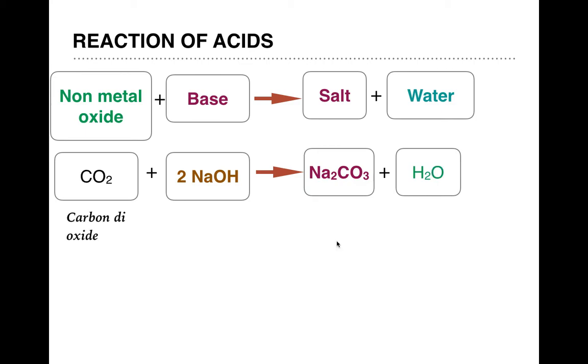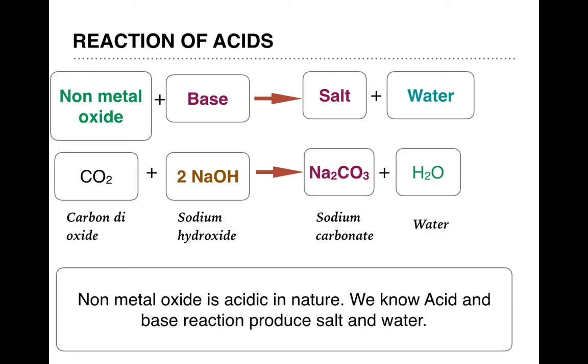So here you can see non-metal oxide is acidic in nature. We know acid and base reaction produce salt and water. So this is kind of acid plus base reaction because CO2 is non-metal oxide and non-metal oxide is basically acidic in nature, and sodium hydroxide we know it is a base, alkali, so it will obviously produce salt and water.